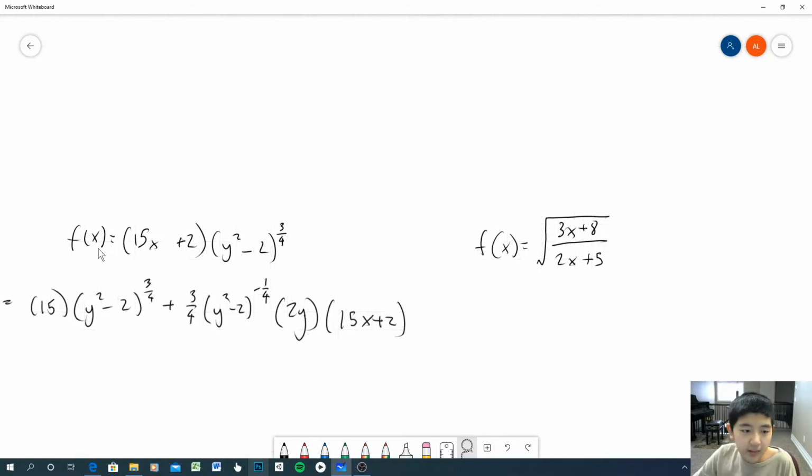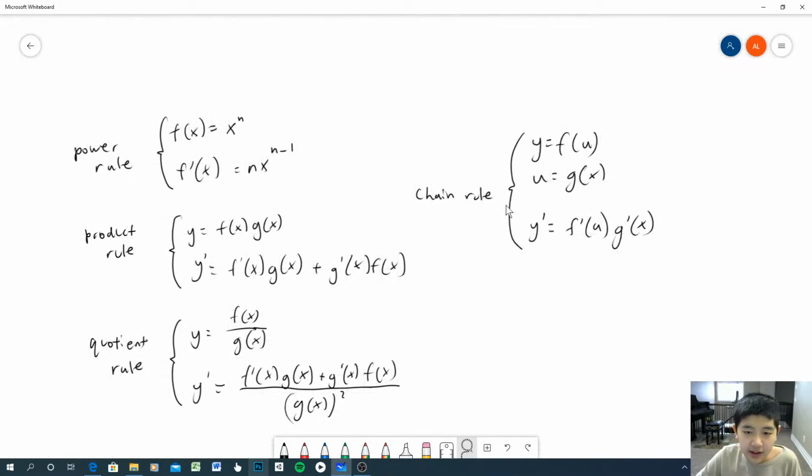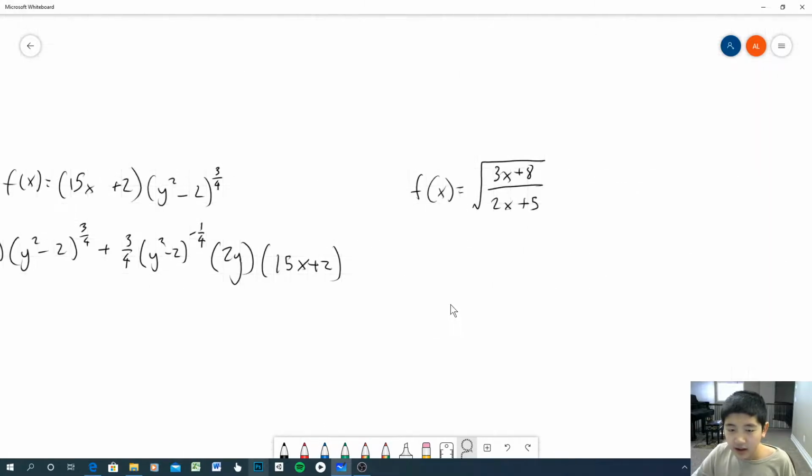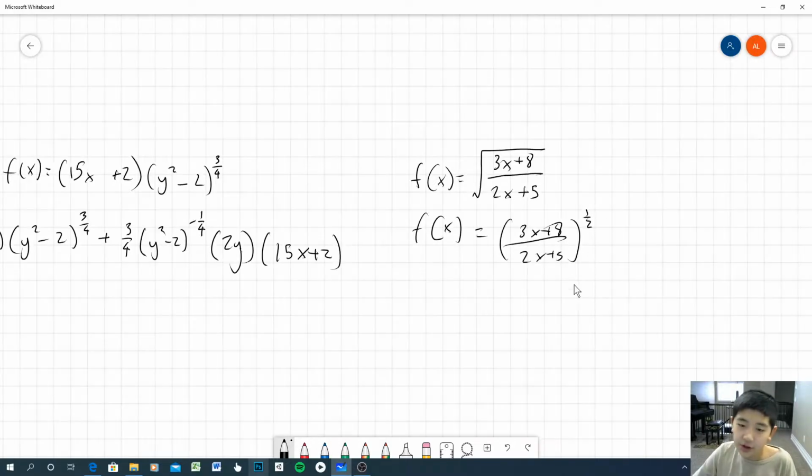This question is similar to this, except instead of using the chain rule and the product rule, we're going to be using both the chain rule and the quotient rule this time. Okay, so f of x can also be turned into this, because the square root of something is just it to the power of 1 over 2.